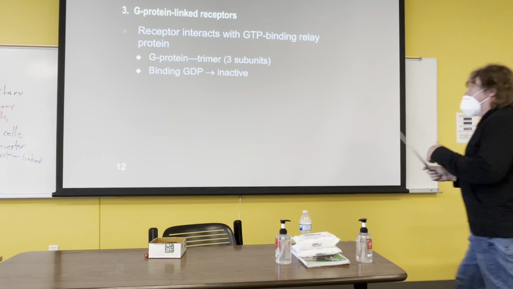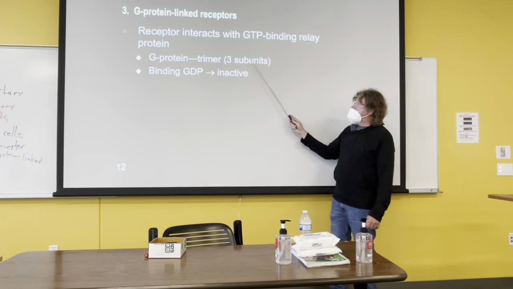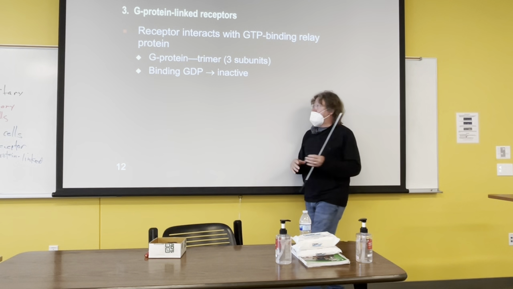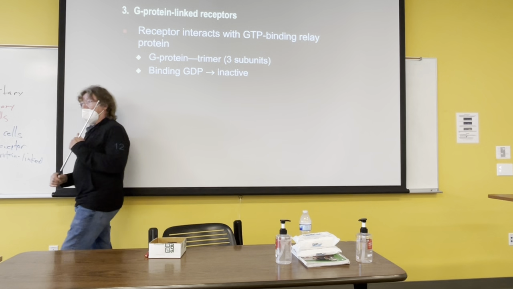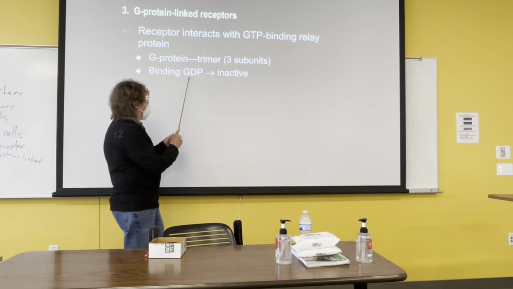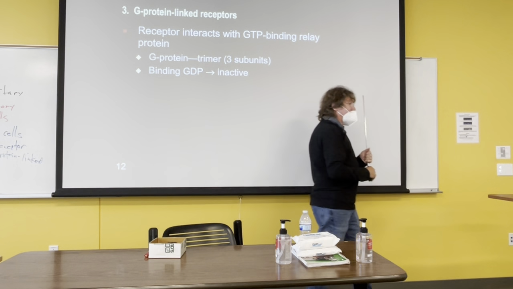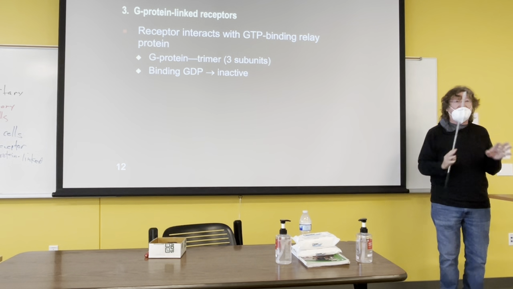But nonetheless, this particular G protein is a trimer, 3 subunits, and what activates the protein is not phosphorylation, but whether or not it's bound to a particular nucleotide derivative, guanosine triphosphate or guanosine diphosphate. If the binding site has guanosine diphosphate, then the relay protein, the G protein, is inactive.